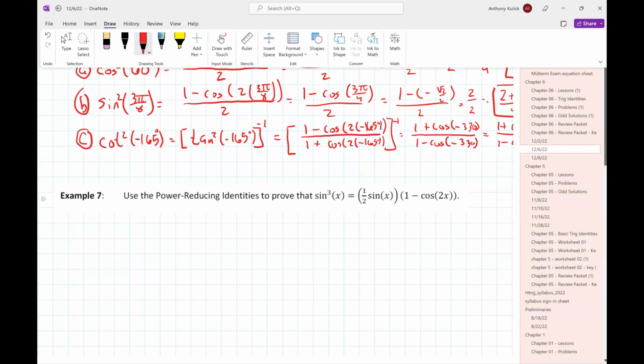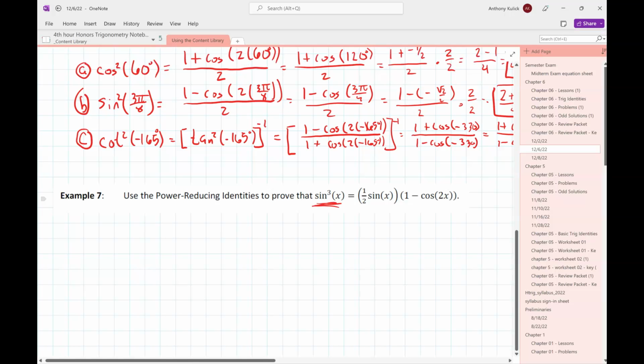All right. So when I look at this, considering it says use power reducing identities, I'm going to work on the left-hand side. Now, I don't have a power reducing identity for sine cubed, but I can rewrite sine cubed as sine squared times sine.